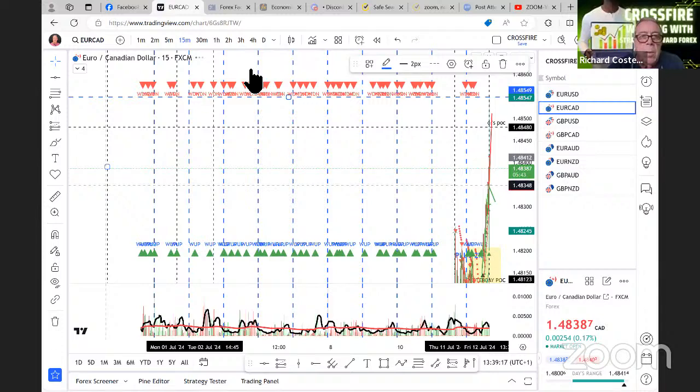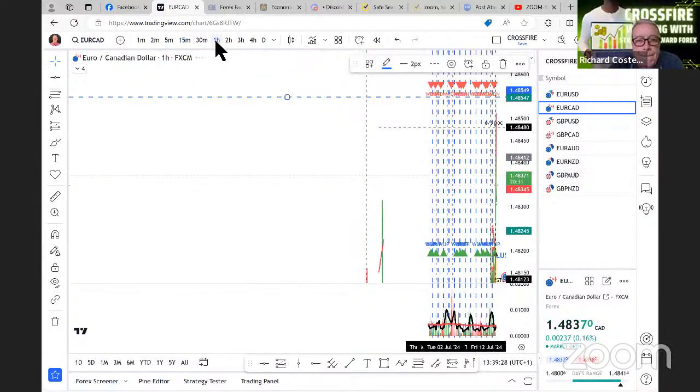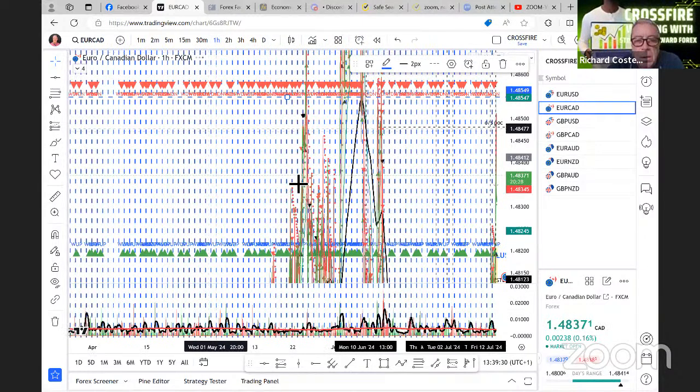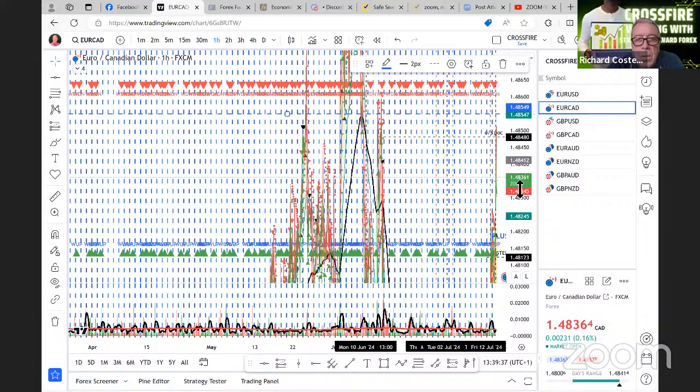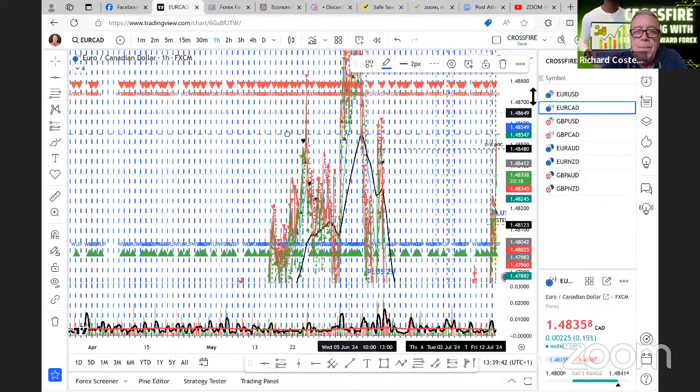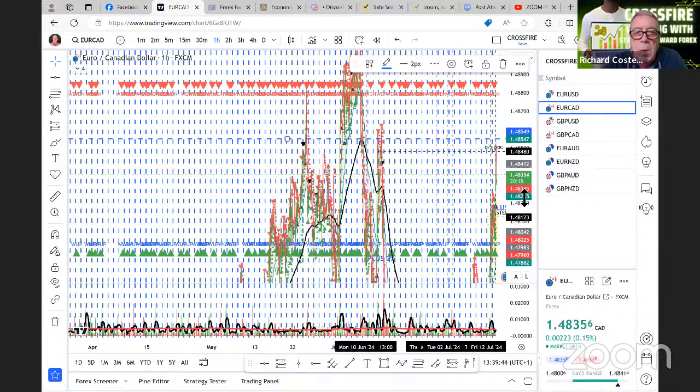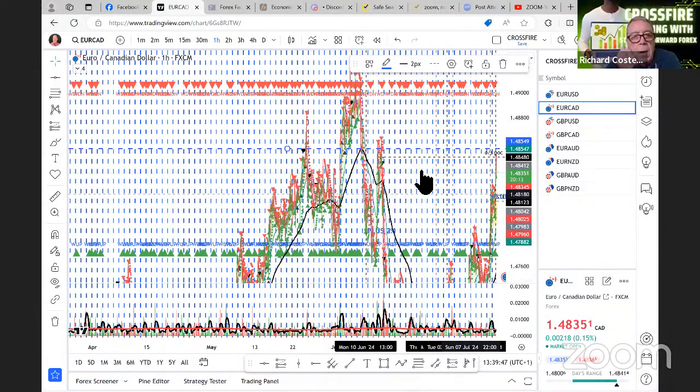I'll go to the 1 hour chart and maybe get some more data. Yeah, so price has been higher. So there's my target, and price has been much higher. So yeah, I've got confidence.